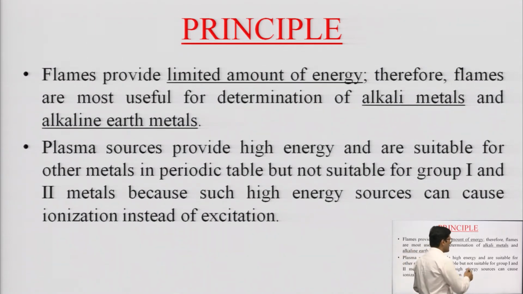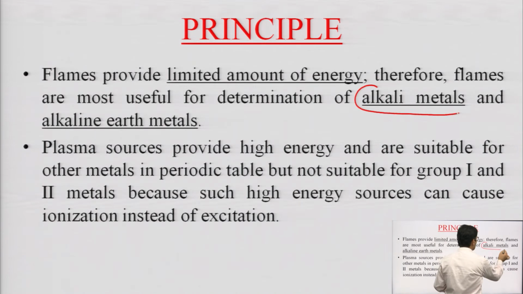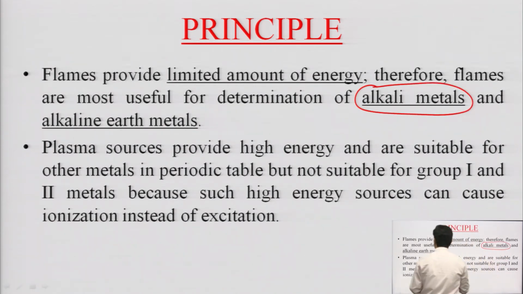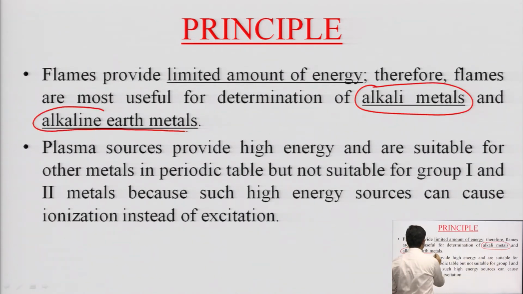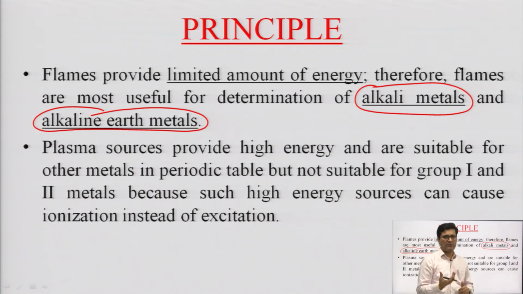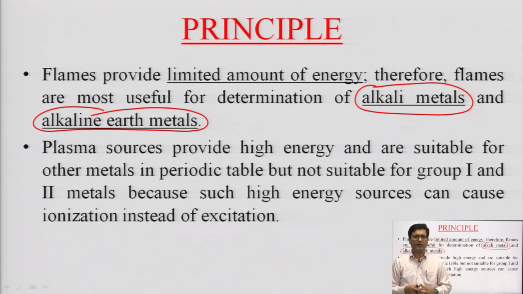Flame photometry is particularly useful for the determination of alkali metals and alkaline earth metals and their salts. It mainly includes sodium, potassium, calcium, lithium, cesium, etc. These are some examples that can easily be detected or identified by using this flame photometry technique.